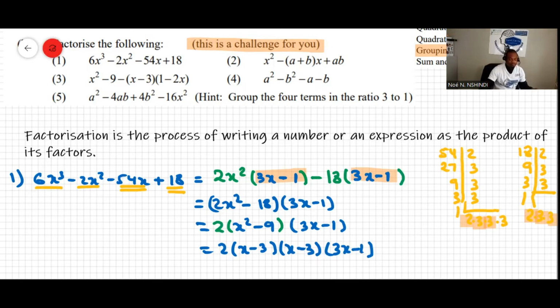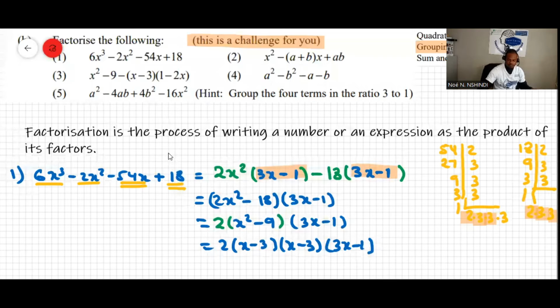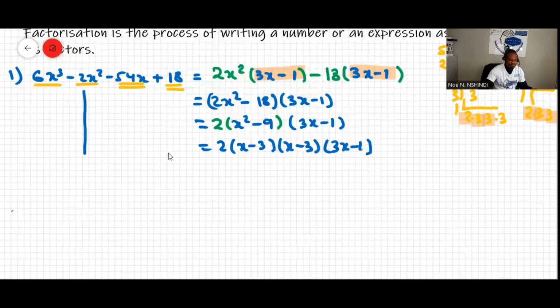Or someone may start by taking the highest common factor, which was already 2 at the start, okay? We could also, from the question as it was, take 2 out as a common factor because each term here is a multiple of 2, as we said. So this will be 3x cubed minus x squared minus 27x plus 9.